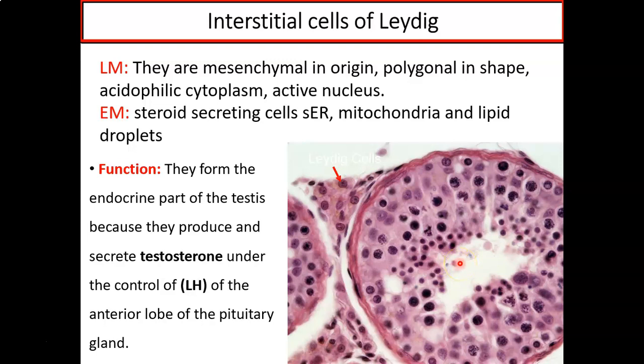The second category lining the seminiferous tubules is the Sertoli cell, which is responsible for support, nutrition, production of androgen binding protein, and formation of the blood-testis barrier. I hope it was beneficial, helpful and clear for all of you.